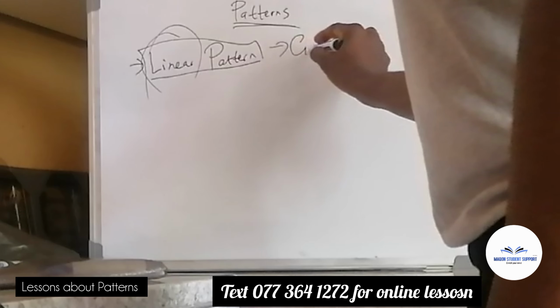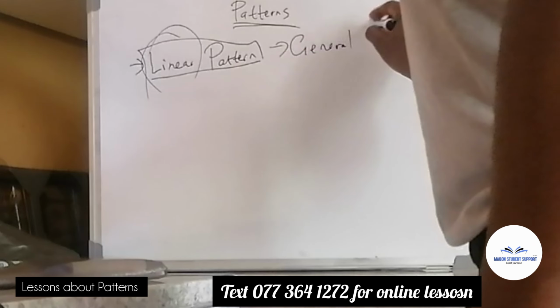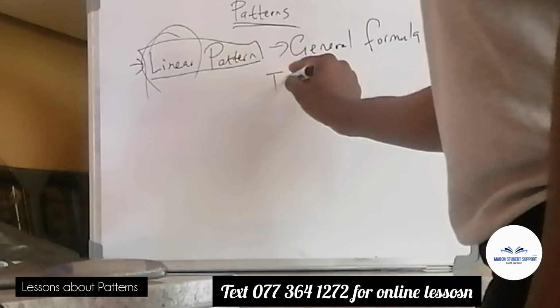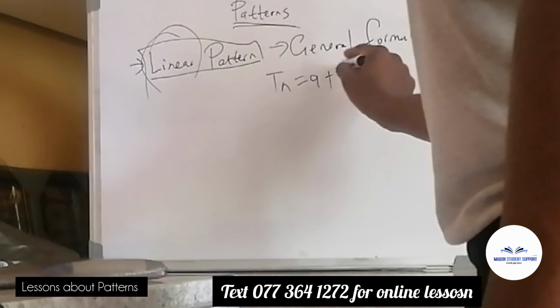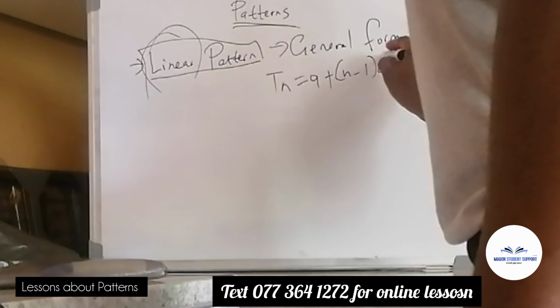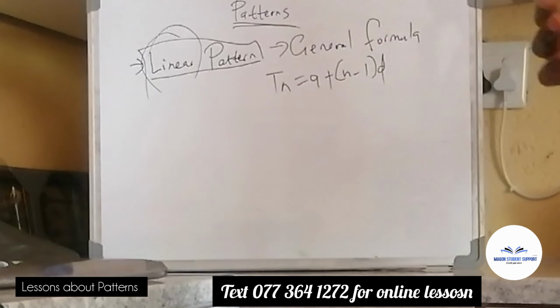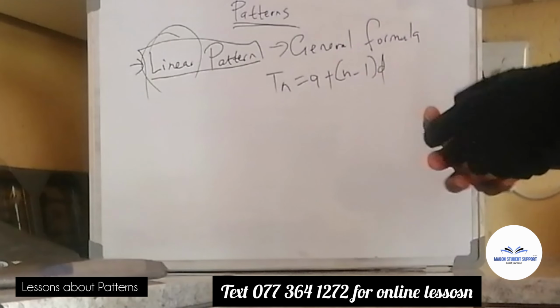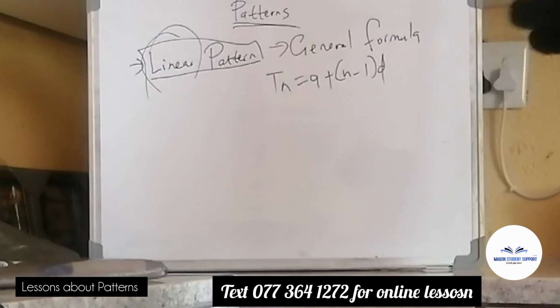Another thing is the general formula. The general formula is denoted as Tn equals a plus (n minus 1) d. This is the general formula for a linear pattern. We use this formula if we have to predict within the pattern, for example to find term 100.